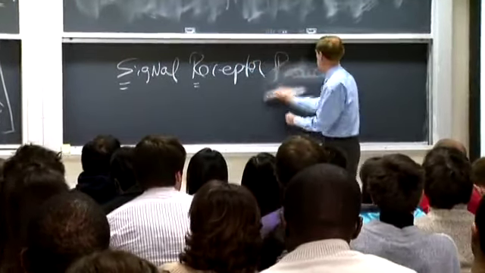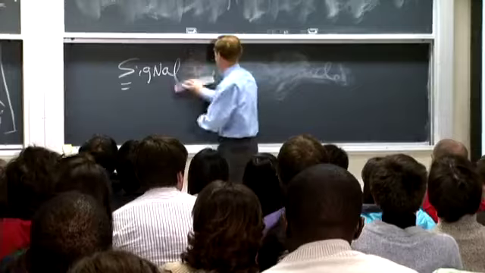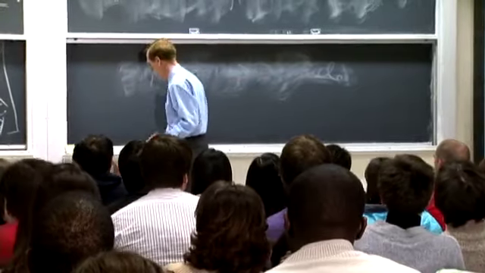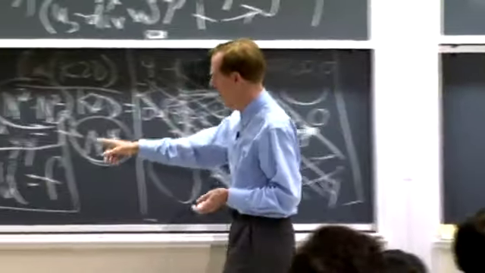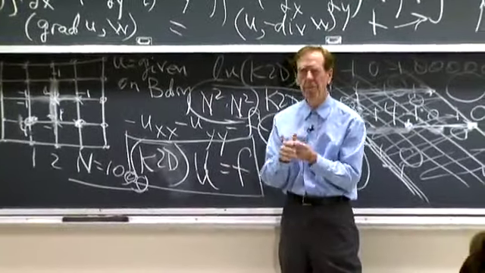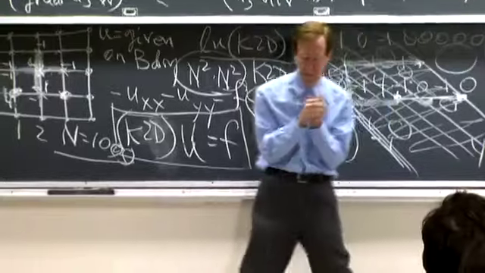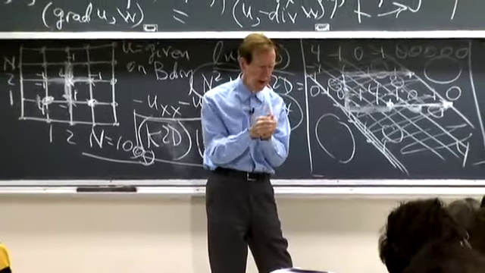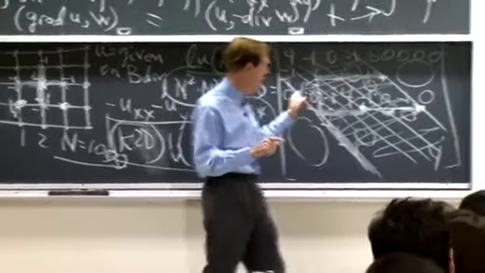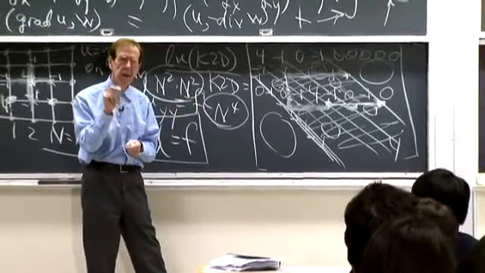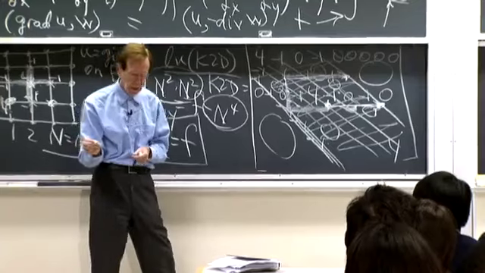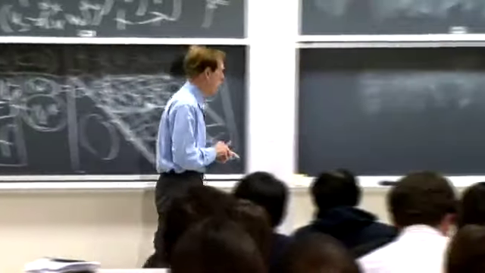So I have this matrix K2D, and I'm trying to solve a system with that particular matrix. And the fantastic thing about this matrix is that I know what its eigenvalues and eigenvectors are. So let's suppose we know those.